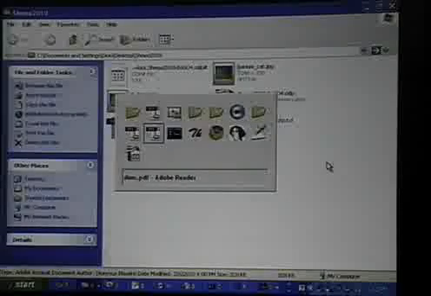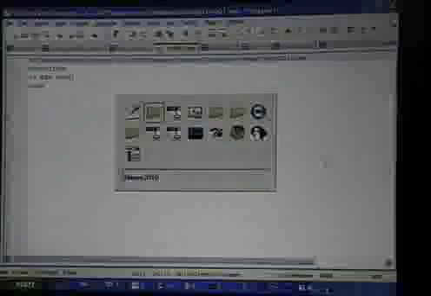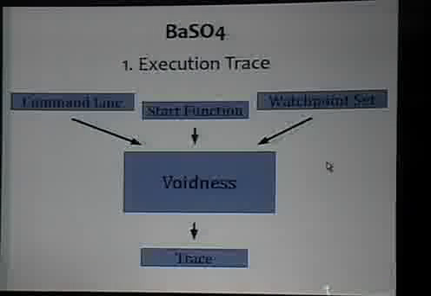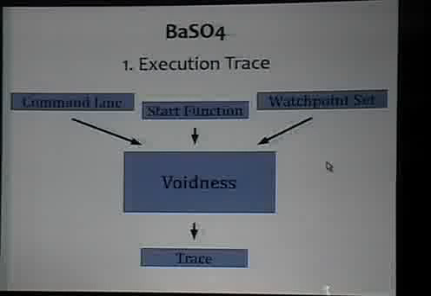So the first thing we'll do is, actually, let's talk about the first part, the execution trace. What I call the execution trace capture tool is Voidness. You feed it a command line, the address of the start function, so which module you want to start tracing, and the offset into that module, and a watch point set, which is optional, but this allows you to extend your trace.